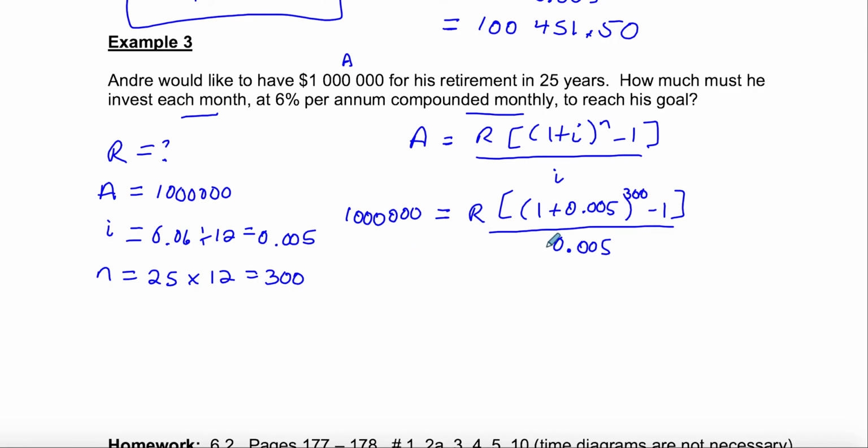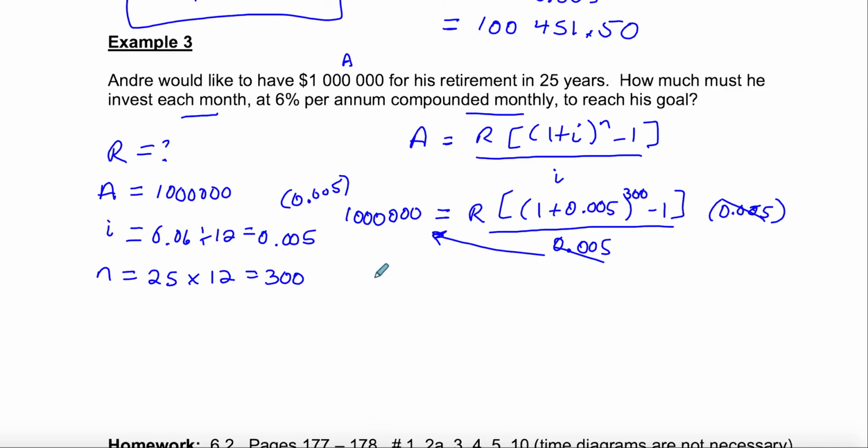So then it just comes down to being able to use your calculator and work backwards to find the R. The very first thing I would do all of the time when I'm solving for R is multiply this side by 0.005, so these would cancel.